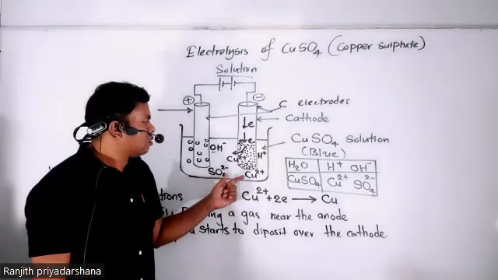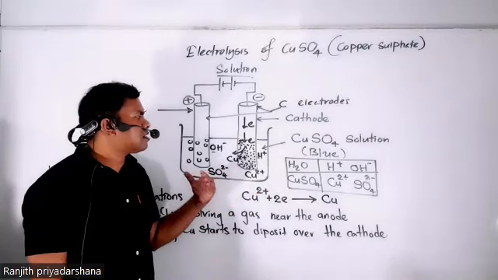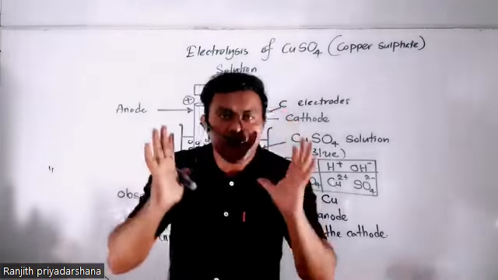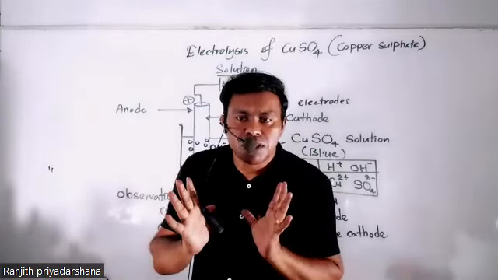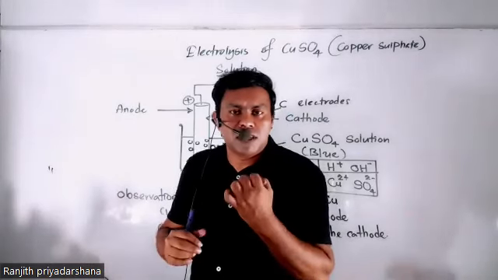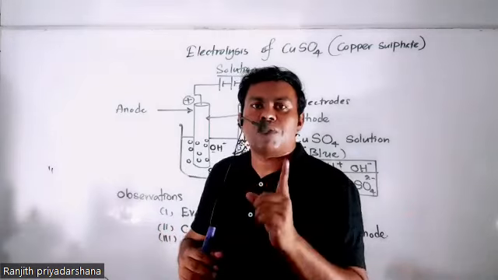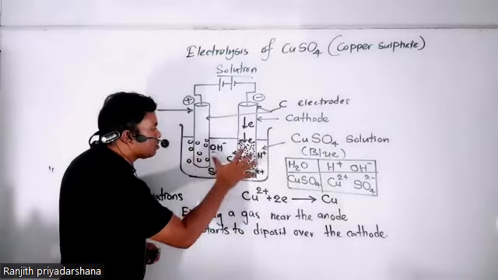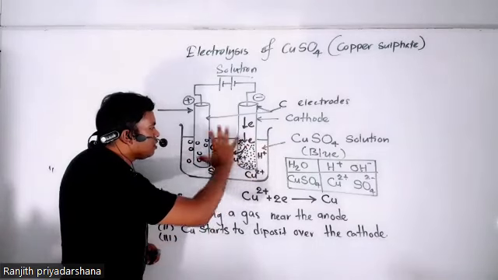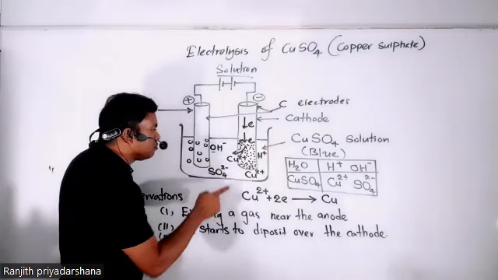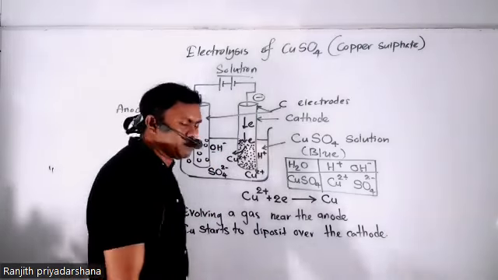So these copper ions are the reason for the blue color of the solution. The reason for the blue color of this solution is the Cu2+ or cupric ions dissolved in the solution. But now what happens?